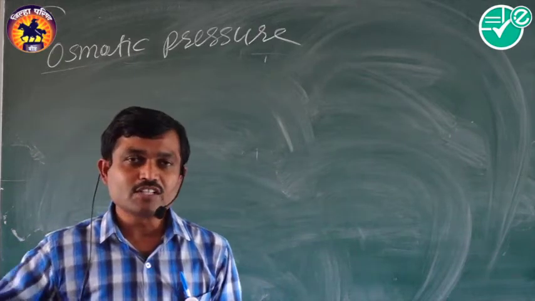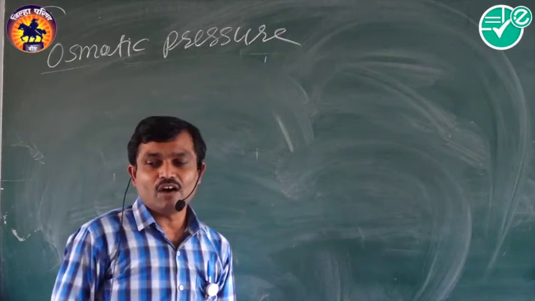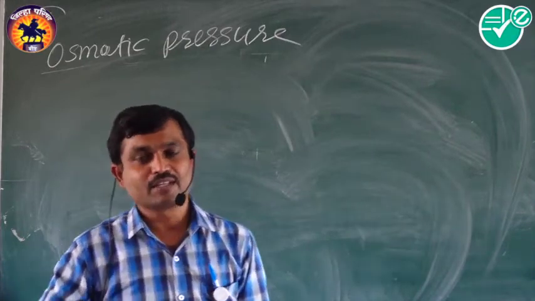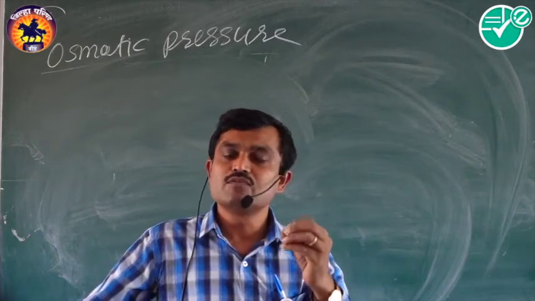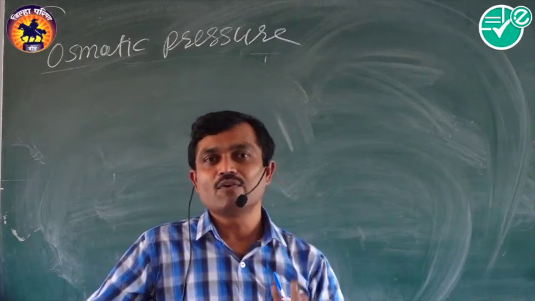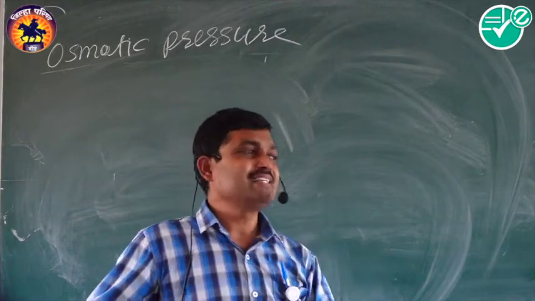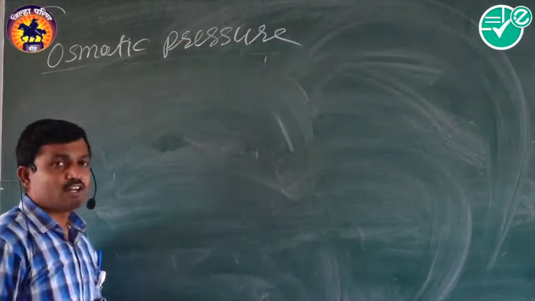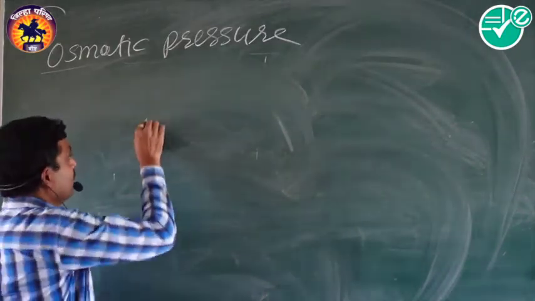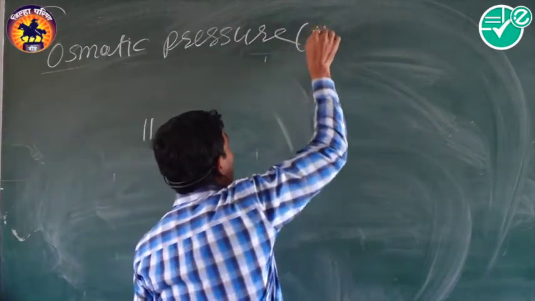Now, if you consider osmotic pressure, how do we apply the gas laws? In your syllabus there are Boyle's law, Charles's law, Avogadro's law, and the general gas equation. If you combine them, the osmotic pressure is represented by pi.